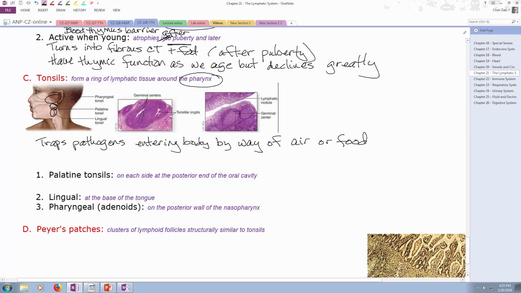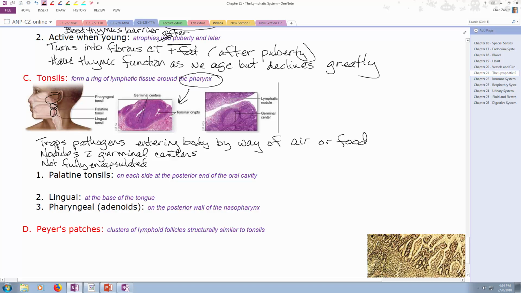Again, we have nodules when we take a look at them with germinal centers. However, these guys are not fully encapsulated. And that's because, take a look at this guy here in the middle.